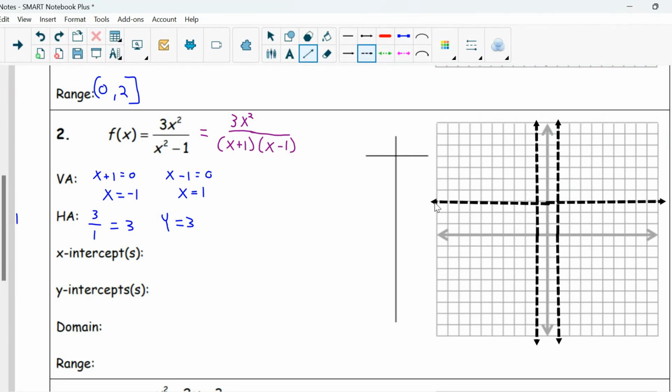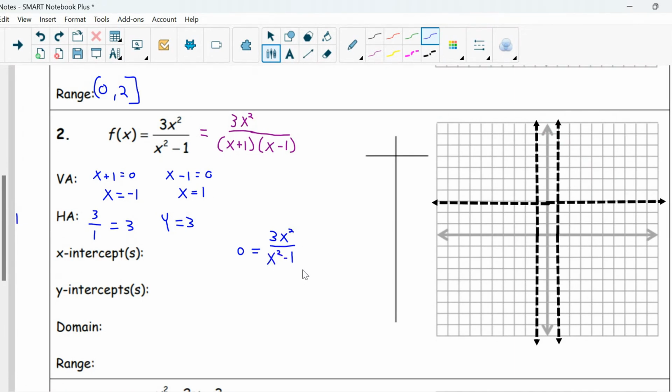So in this case, I have a lot of asymptotes. So I might as well go and try to find my x and y intercepts now. For my x-intercepts, I'm going to substitute in 0 for y, or f of x. 0 equals 3x squared over x squared minus 1. The only x value that's truly going to give me 0 in this case would just be 0, because then I would have 0 over whatever my denominator is.